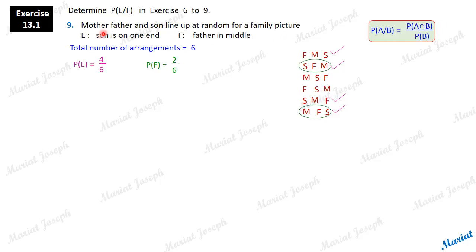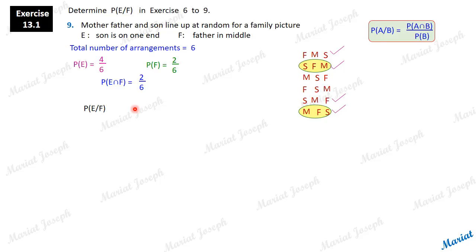So which are the outcomes satisfying both conditions? Son is on one end as well as father is in the middle. Common elements are these two only. So the probability of the intersection will be 2 by 6.